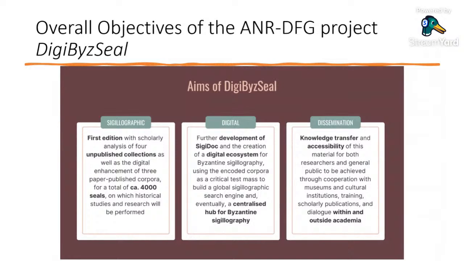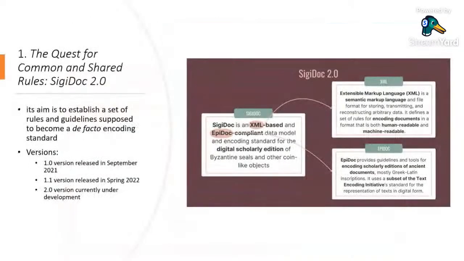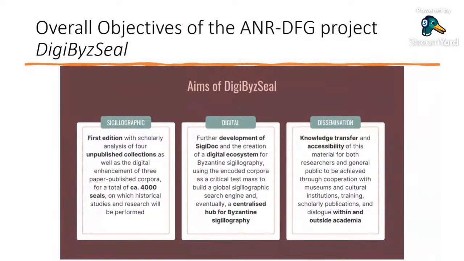That's why we chose a corpus of ideally about 4,000 seals, partly already published, partly unpublished, which is giving us the critical mass of data in order to develop our digital approach to Byzantine sigillography.